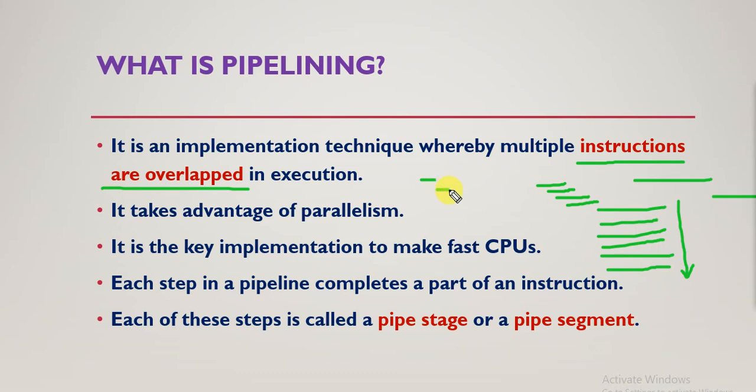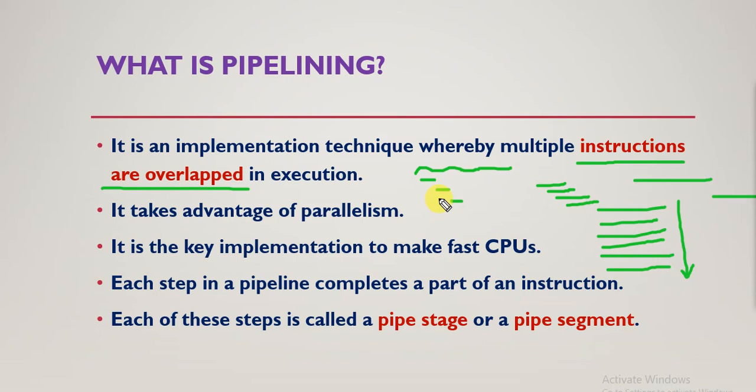Similarly, before completing the second, we can start the third. By arranging these instructions in order with overlapping, we can increase the speed of the computer system. That means more instructions can be executed within a given limited time.